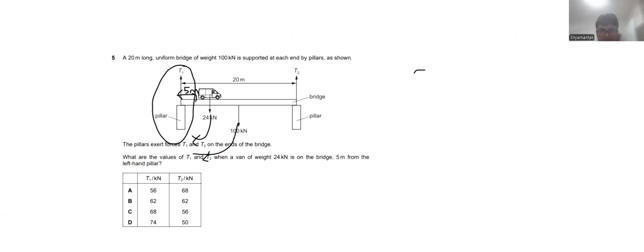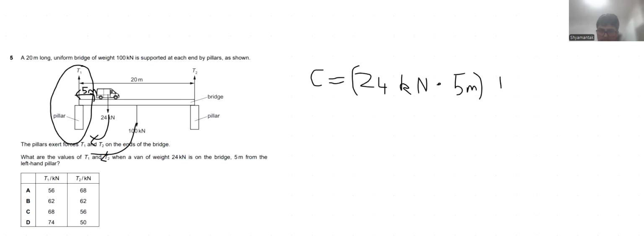C equals, the moment here would be 24 kilonewtons times 5 meters plus 100 kilonewtons, which is the weight of the bridge, times 10 meters.